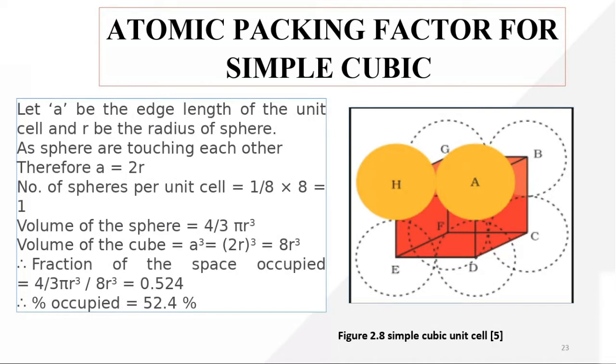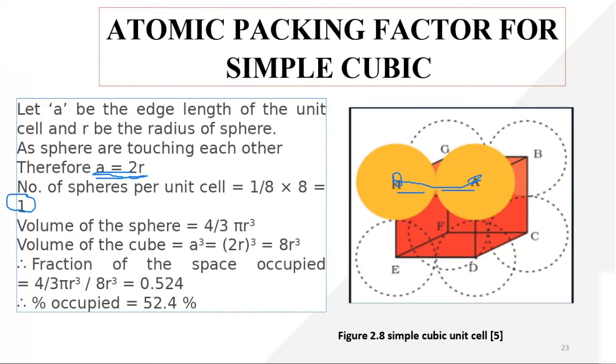As we saw previously, taking this point and this point as corners, r is the radius of each atom contributing to this unit cell. So a is equal to 2r for the simple cubic crystal structure, and the number of atoms is 1.